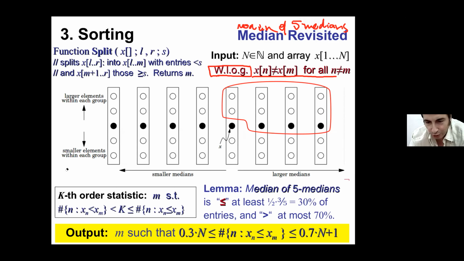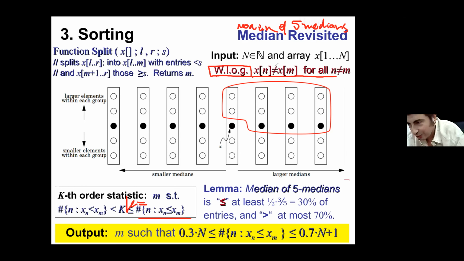To remind you what the order statistic was: it was to output the index of an element in the array so that it has a given number k of smaller elements. And by assuming that all the elements are distinct, I said that this can be simplified, so I can simply say k is equal to this number, because the left side and the right side differ by 1.